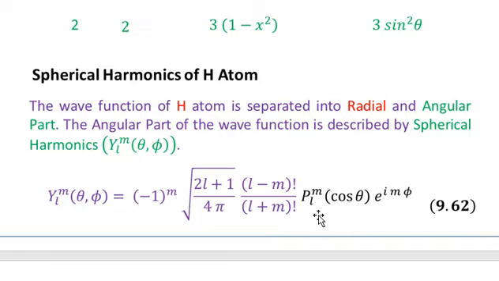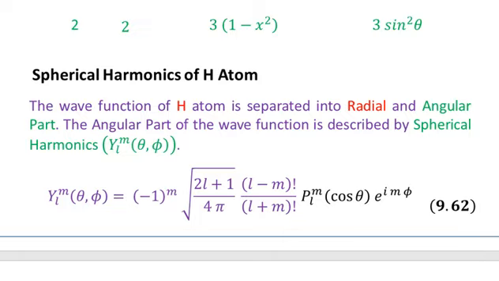Then you multiply this term with PLM as a function of cos theta, and then you have e to the power i m phi. So this is the full form of the angular part of the wave function, known as spherical harmonics, used for the hydrogen atom.